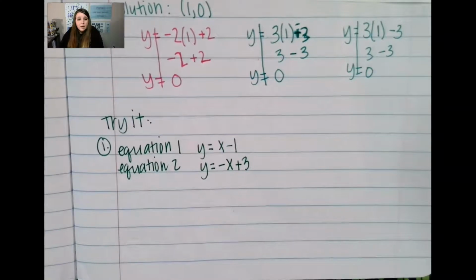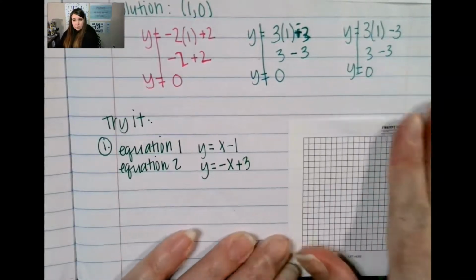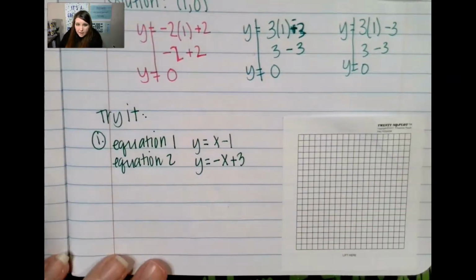Go ahead and look for how to graph. Hit pause right now so you don't hear me solving. And then when you're ready to check your own understanding, go ahead and hit play.